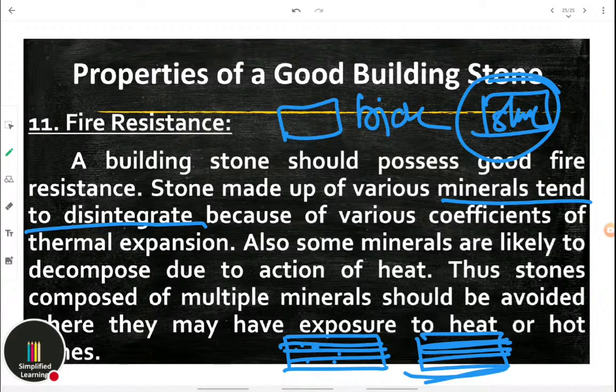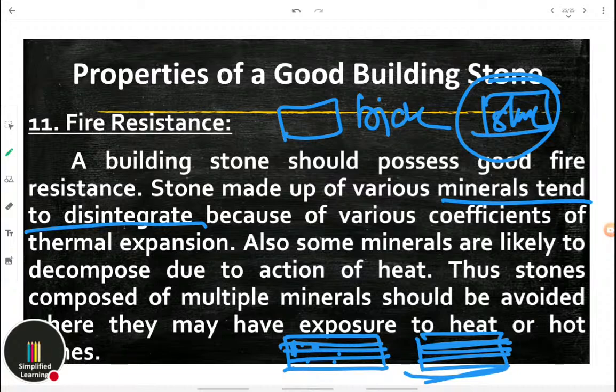And with differential expansion, the stratified layers present in the stone are going to exert some temperature stresses over each other. Such temperature stresses cause the breakage of stone.